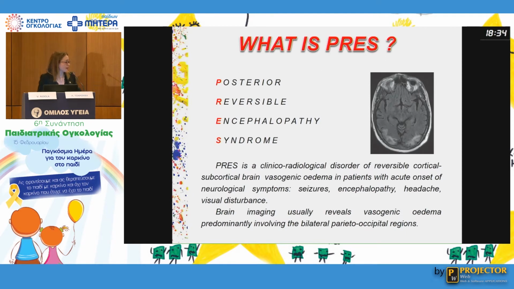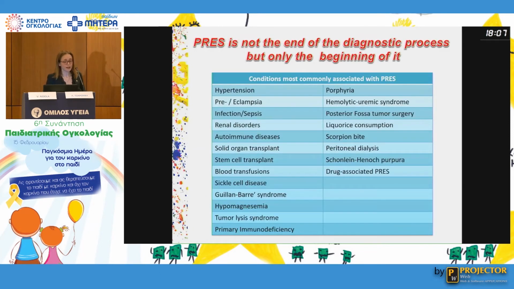As Kyria Baka said, the diagnosis relies on brain imaging, which usually reveals a vasogenic edema predominantly involving the bilateral parieto-occipital region. So this is where the name comes from. So it's posterior, reversible, but we will see later that this is not always the case.